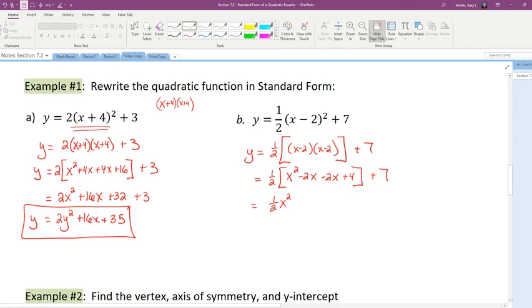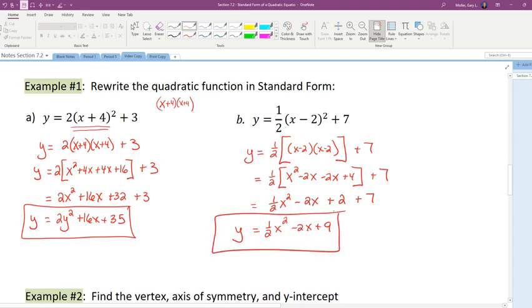Negative 2 and negative 2 make negative 4, but I'm doing half of negative 4, so that brings it back to negative 2x, and half of 4 is 2, and I have my plus 7. 1/2 x squared minus 2x plus 9. That would be in standard form. All right. Going the other way is more complicated, and that is not something we'll be discussing at this time, and I'm not sure we will cover it this year.